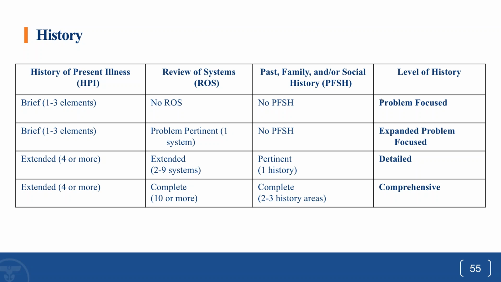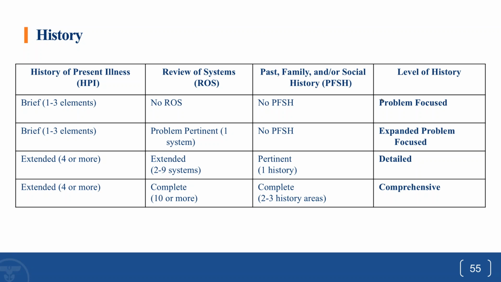Okay, so let's go over that again. For the past family social history, which is your PFSH, if I just ask from one of these sections, just one. So if I just say, look at your past history bullet points, if I just say, have you had any prior hospitalizations?